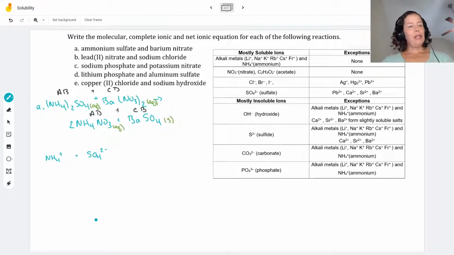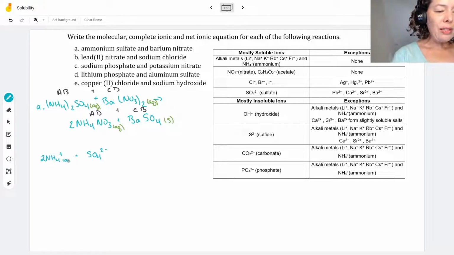This is not yet complete because if you look at ammonium sulfate, of course, I have 2 ammonium cations, not just one. So I'm going to put a 2 in front of my ammonium. And these are obviously soluble, so I'm also going to write AQ after each ion.